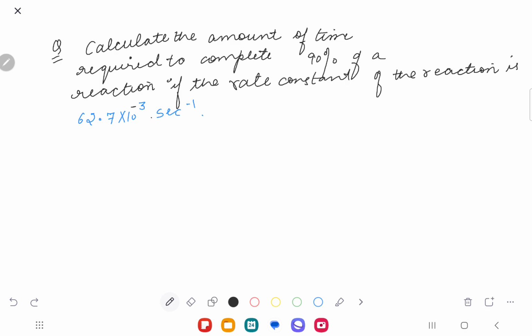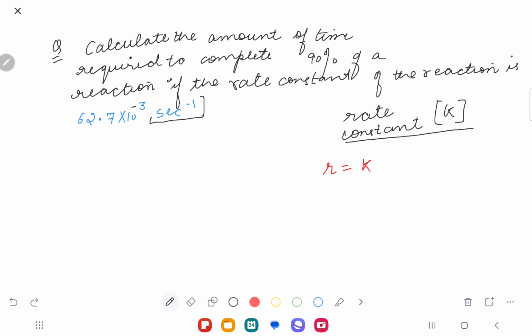So look at the value of the rate constant. What is rate constant? Rate constant is the constant K. And I do not know whether it is a first order reaction or a second order reaction. What would I do? I would say R equals to K A raised to power 1.